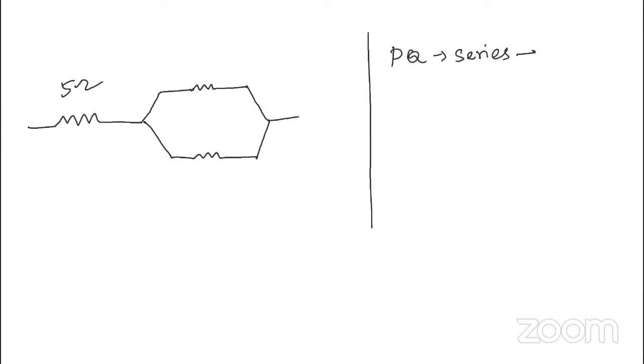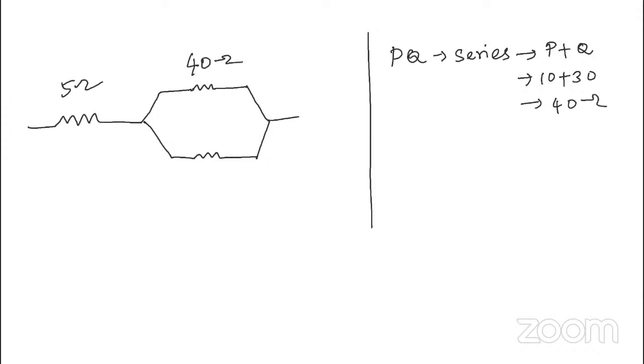For series combination the total resistance is R1 plus R2, that is P plus Q. So P plus Q resistance you have to add. What will it be? It is 10 plus 30. Yes, of course it is 40. So directly we write it as 40 ohms, right?